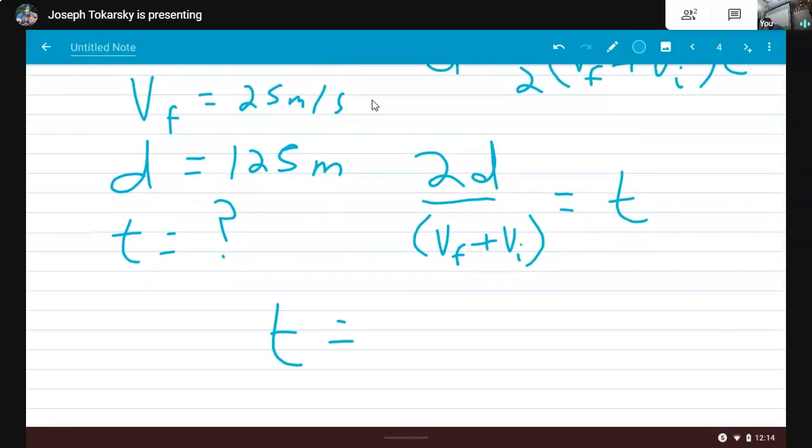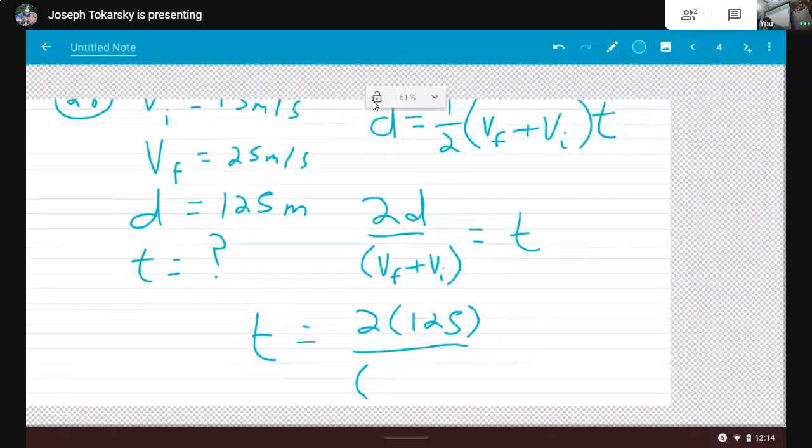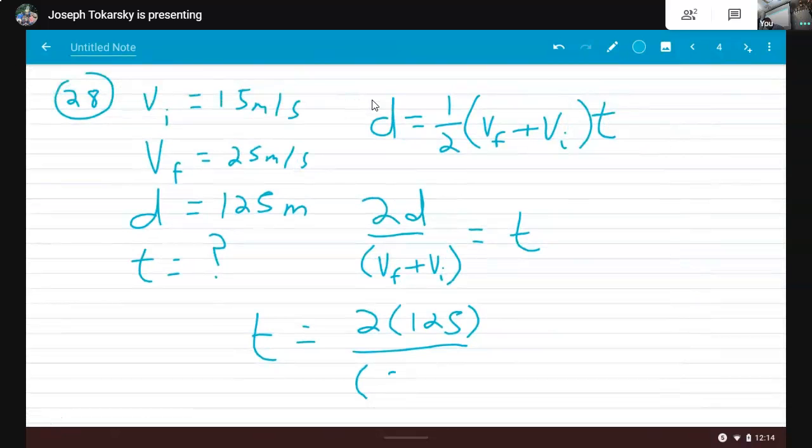And that's what we could plug into. So T will equal 2 times 125 over VF plus VI. And remember what I suggested yesterday, because one of our examples had some division in it? To avoid making calculator errors with longer calculations, because there'll be one bigger than this in the future, and not get an error for wrong order of operations, I suggested to do what? Yeah, basically figure out one single number with the numerator, figure out the denominator like it's a separate thing, then divide.